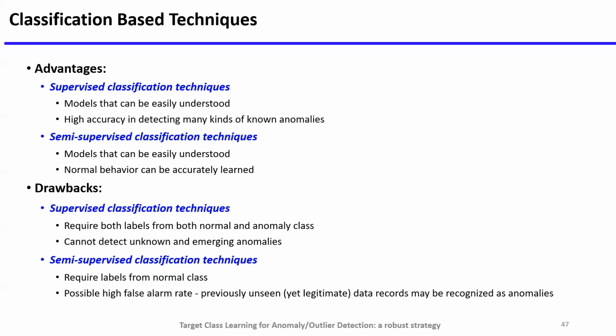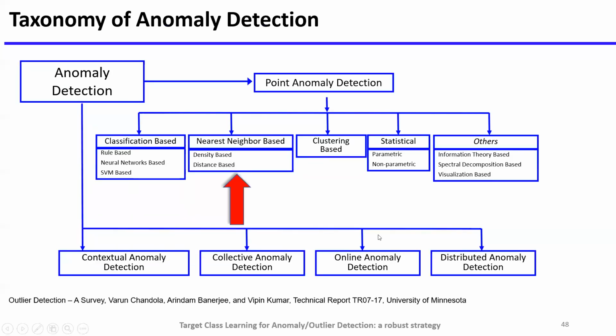In semi-supervised classification techniques, we need data from one class, that is the normal class, but it has a possibly high false alarm rate, because all the previously unseen data records may be recognized as anomalies, which may not be true for most of the cases.